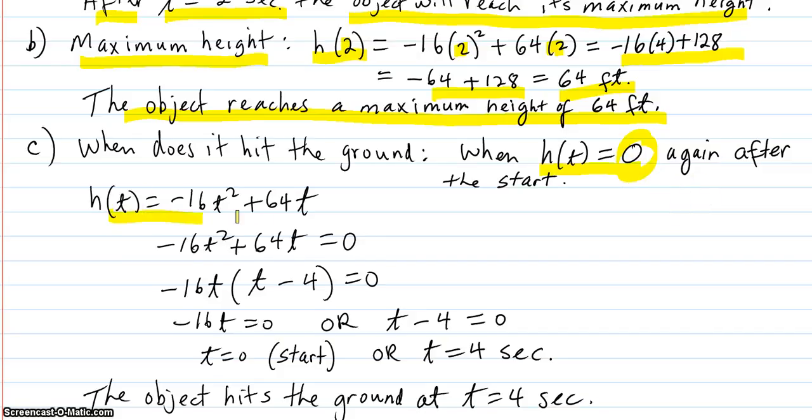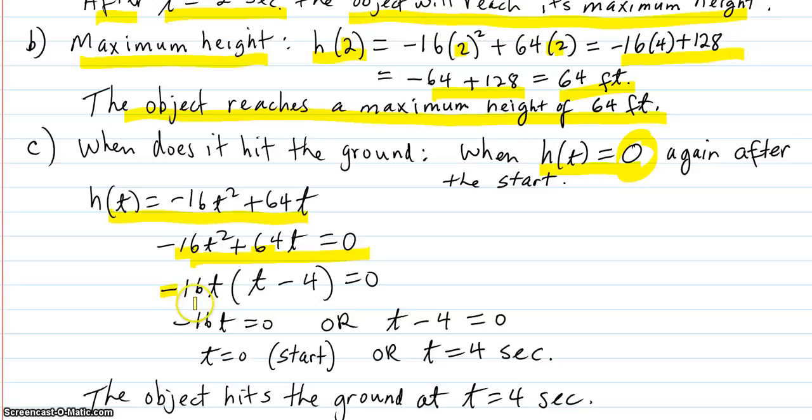So here's the height function, set it equal to 0. Now, it's always better to factor out the GCF. It never hurts, always helps. So factor out a 16, which is common to 16 and 64. And you factor out the negative also.